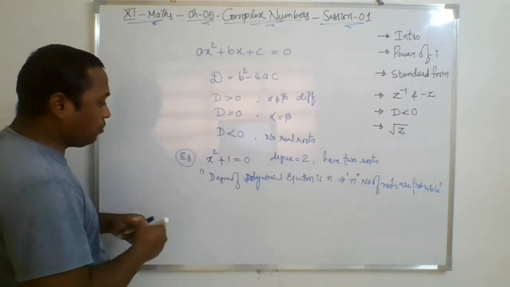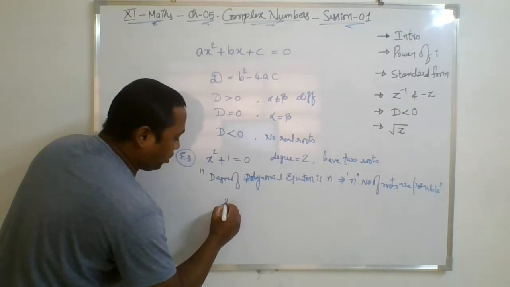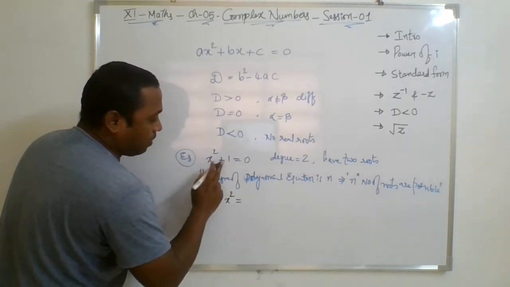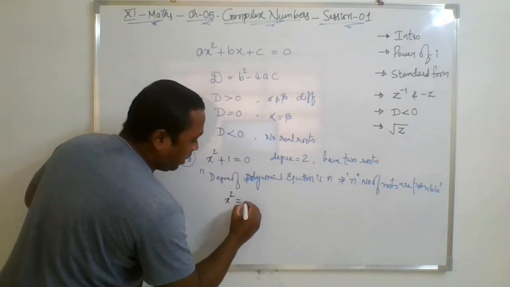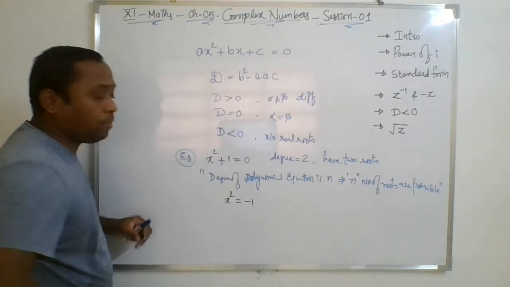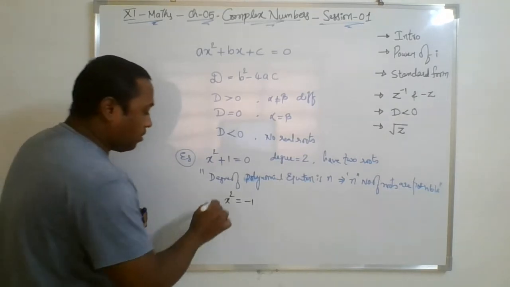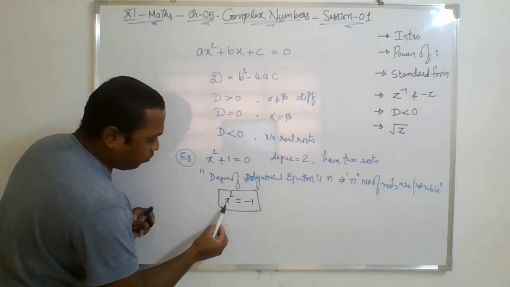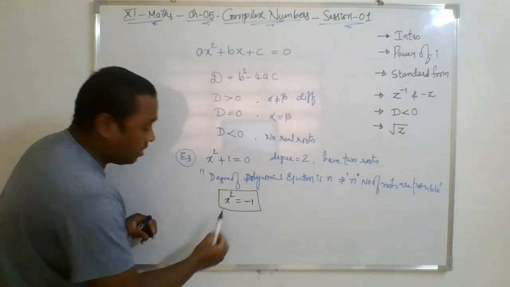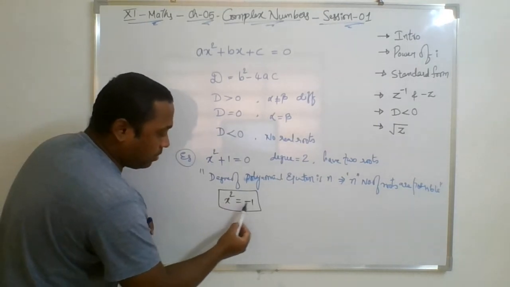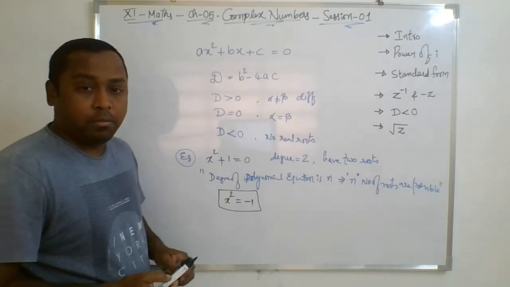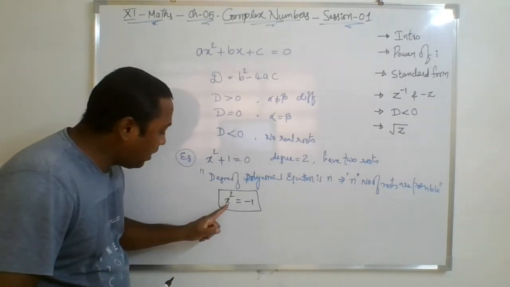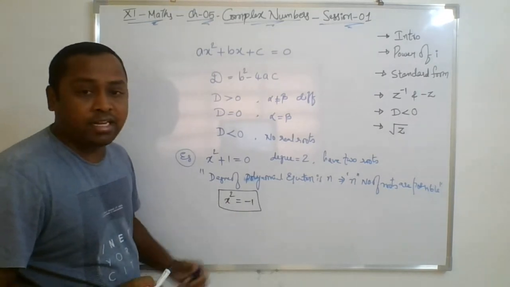But when you solve this quadratic equation, if x square plus 1 equal to 0, x square equal to minus 1. When you observe this equation, you would say, sir, the square of any real number is never negative. But in this quadratic equation, you are getting x square equal to minus 1.